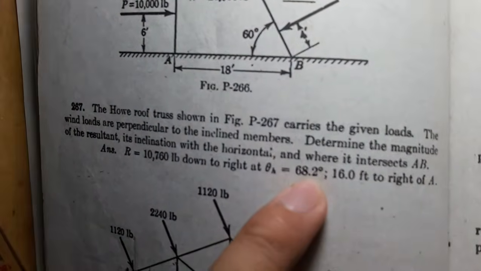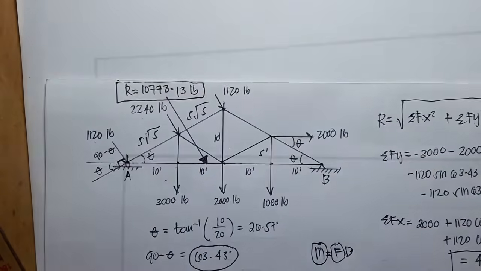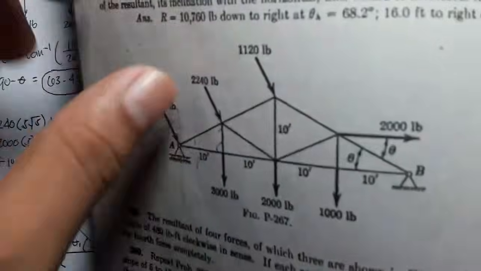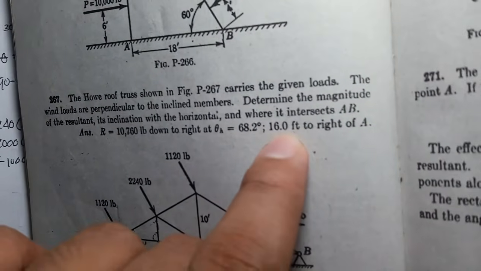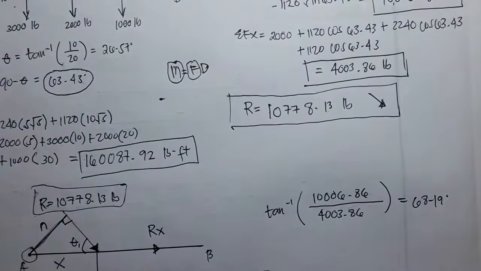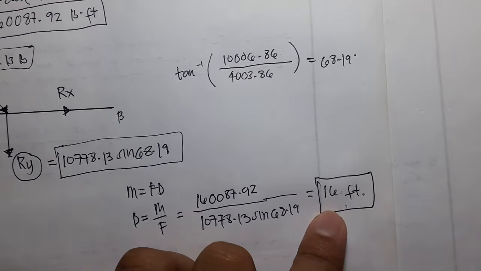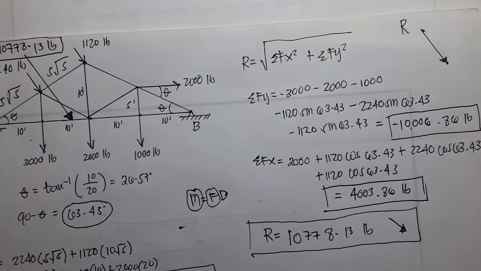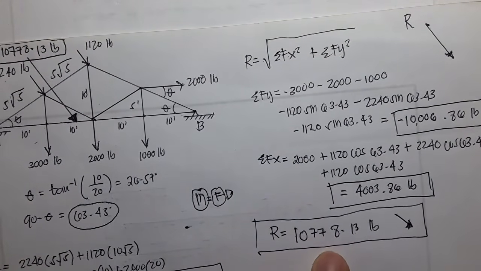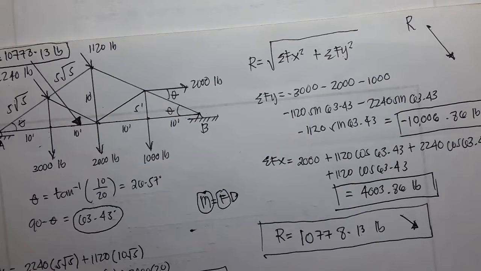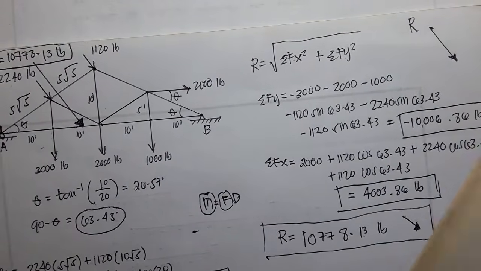Although our angle is correct, which is 68.19, and the book has 68.2, and the book also has 16 feet to the right of A, and we also got 16 feet to the right of A. So maybe I did something wrong or made an error in solving this resultant, or maybe there is just a typing error in the making of this book.